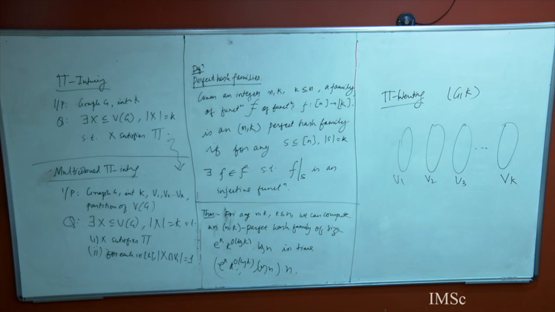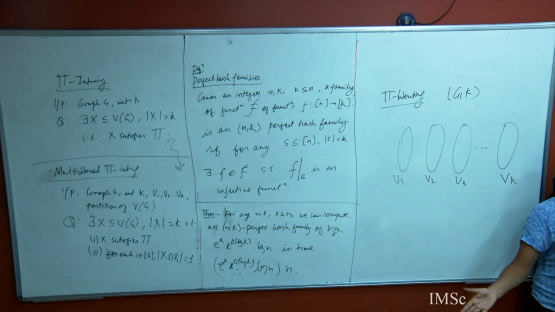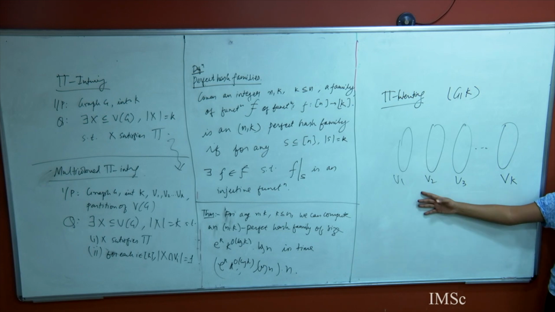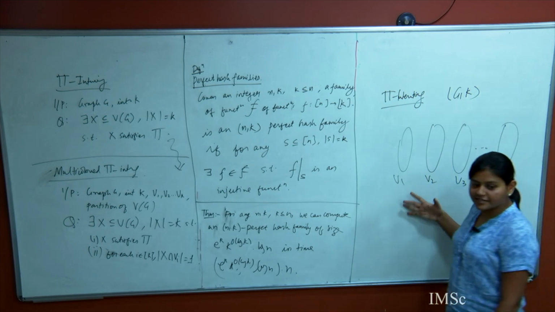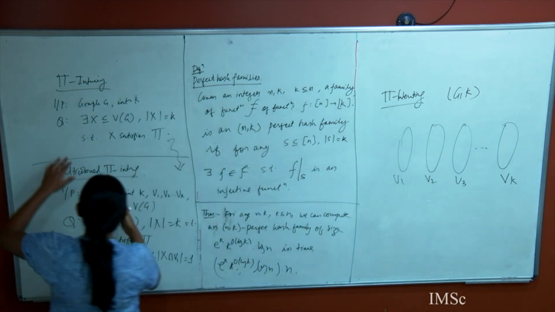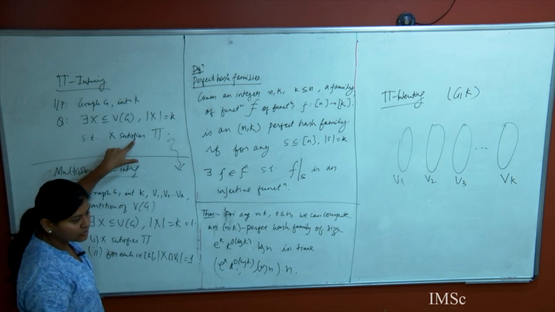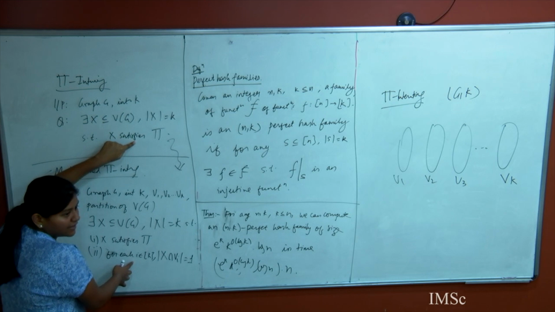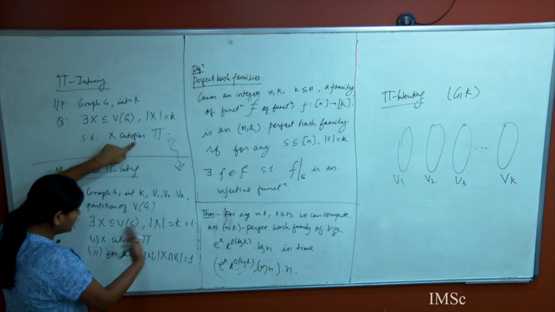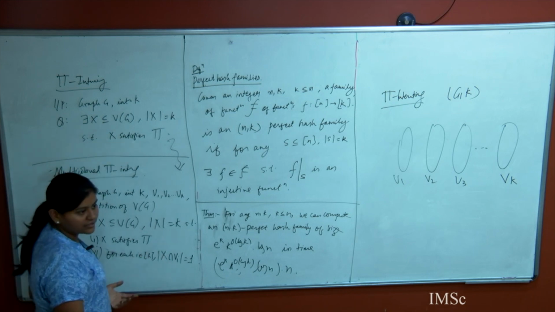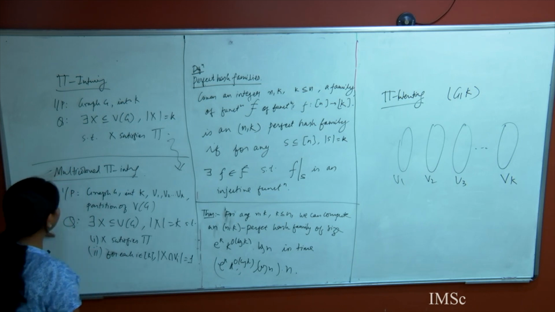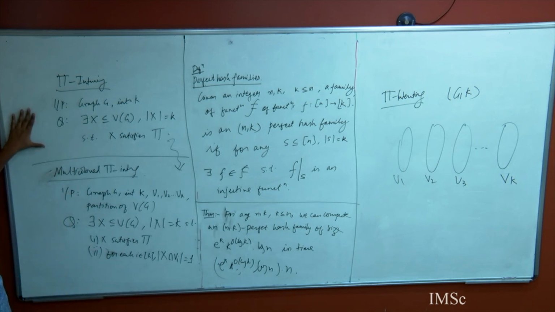Notice that one direction always holds. Suppose you find a solution here, because the graphs are exactly the same, the x will satisfy the property pi here also, because it satisfied what it had to satisfy. So if you give a solution here, I'll always be able to give you the correct answer here also.